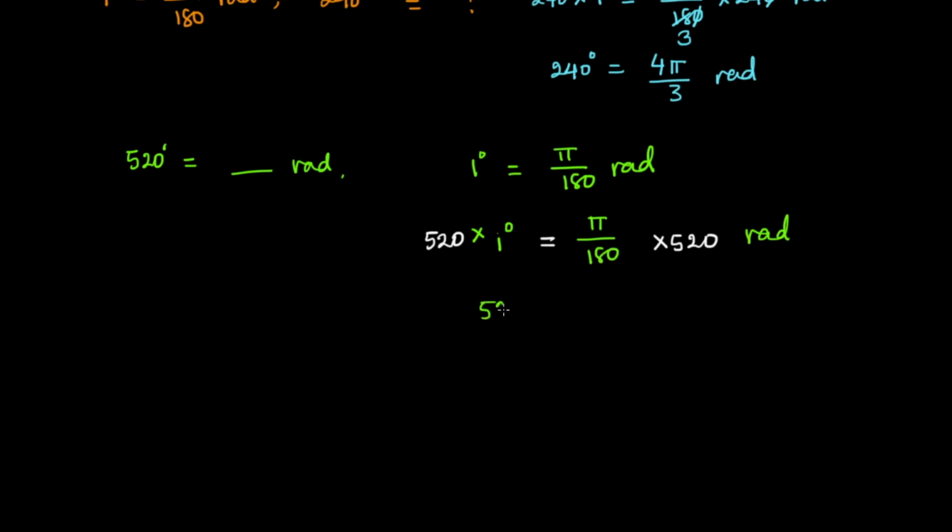So finally you get 520 degrees is equal to, let's cancel this, then you can cancel further. So you have 52 pi by 18 radians, you cancel by 2, so this is 26 and this becomes 9. So finally you get 26 pi by 9 radians.